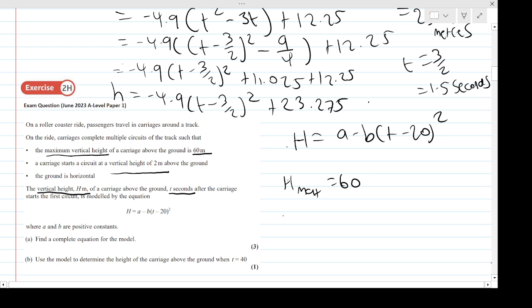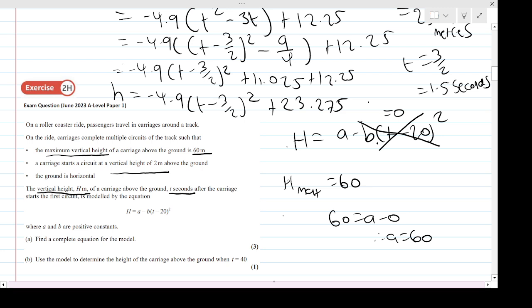This bracket, T minus 20 squared, just has to go to 0 when it's maximum. That means 60 is A minus 0, because everything else is 0. Therefore, we can simply say A is 60.